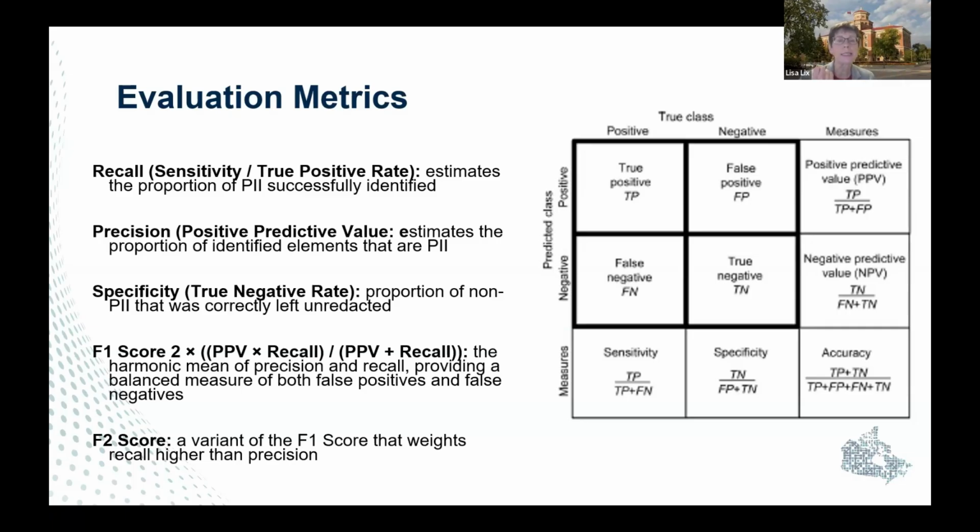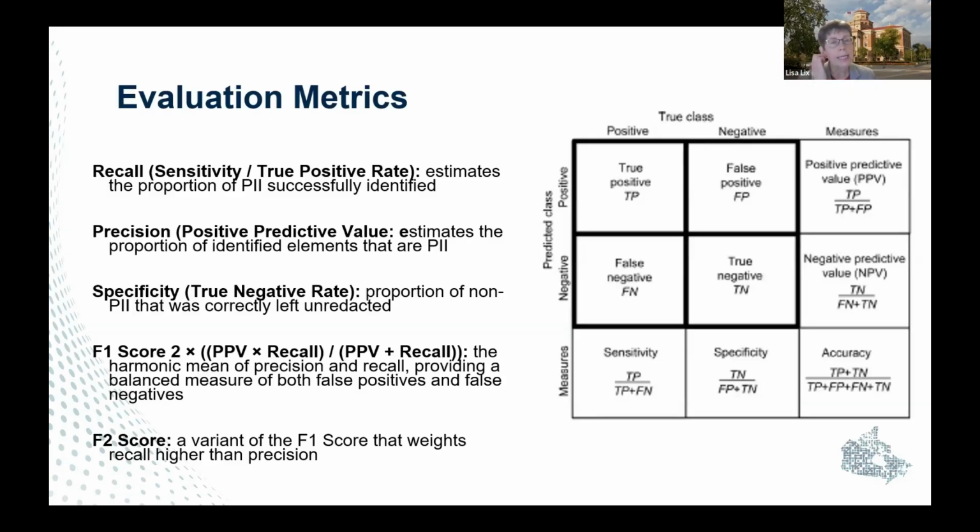But we also want to say if we've got things that are not personal identifying information, that they're correctly left, and we're not redacting them because we don't want to take out things that might be important for future users of the notes in terms of building predictive algorithms, for example. And so it's equally important that we're masking, but that we're not over-masking the data.